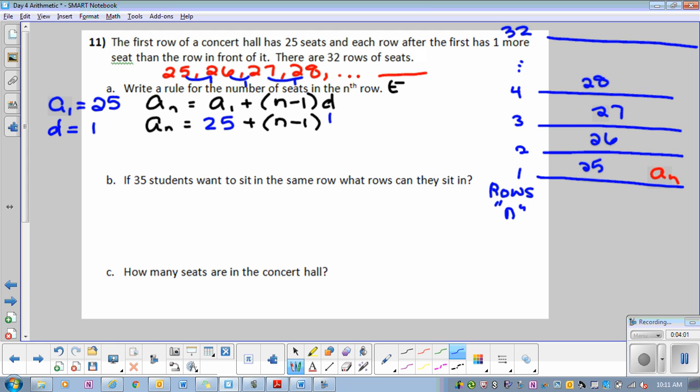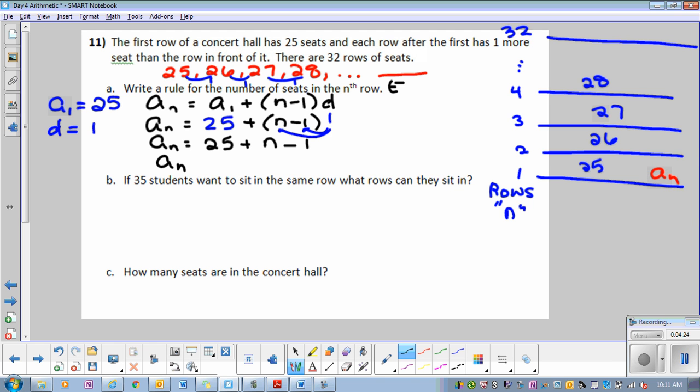And since we're finding the formula for the nth term, we have to leave the n's, right? All right, so let's distribute. So a sub n equals 25 plus 1n, which is just n, right? And what's 1 times negative 1? Minus 1, right?